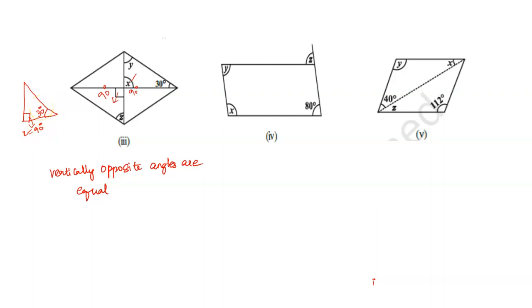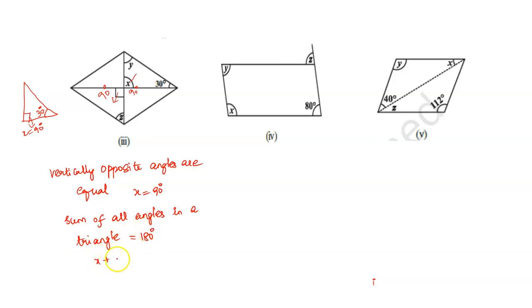So we have another property: the sum of all angles in a triangle is equal to 180 degrees.